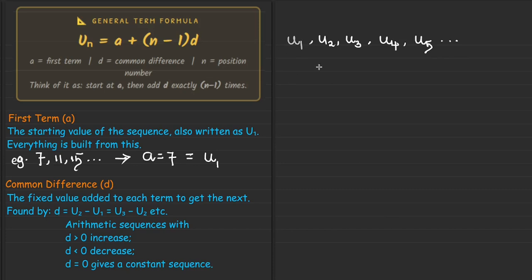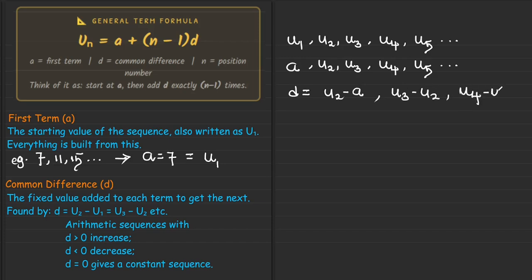So I can rewrite all of this and substitute u1 with my a. Now from here, how do we get our d? So d is simply u2 minus a, which is also the same as u3 minus u2, which is also the same as u4 minus u3. I hope that is clear.